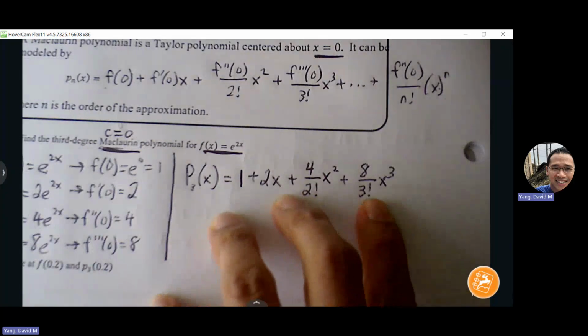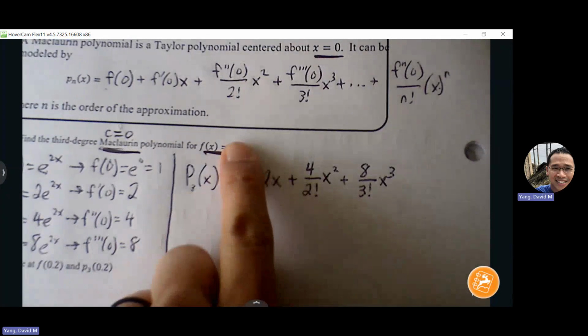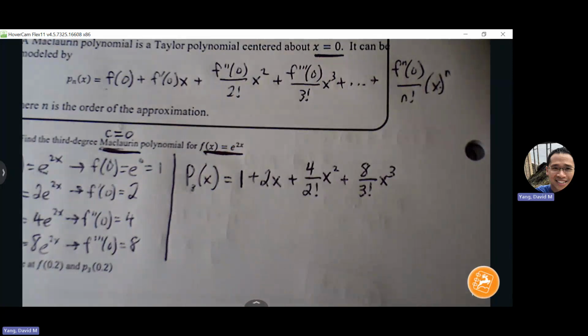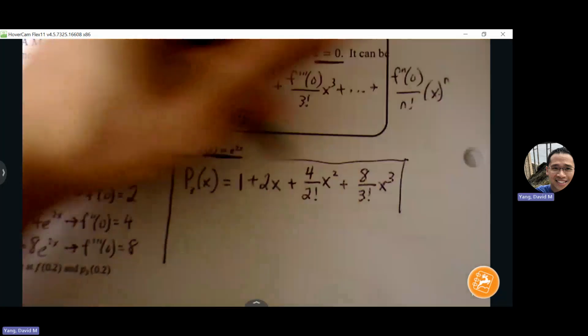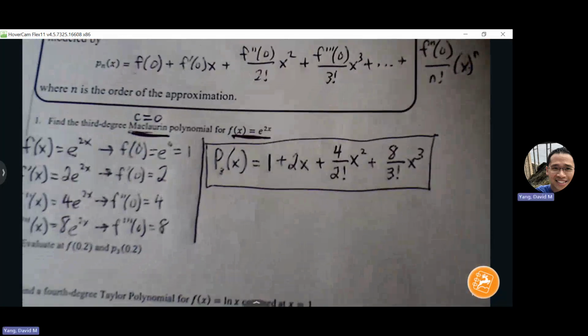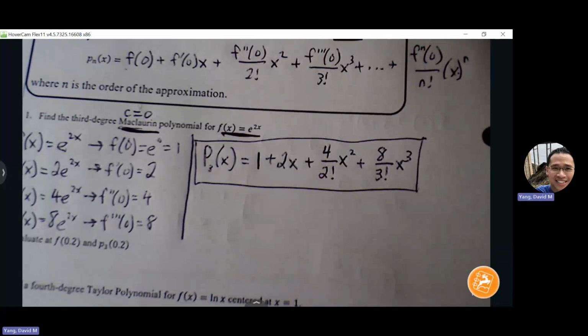If you were to graph this function, it's going to look pretty similar to e to the 2x up to a certain point, right? Obviously, the more information you give it, the more it's going to mimic that exponential function. So this is our third degree Maclaurin polynomial. Clean it up.